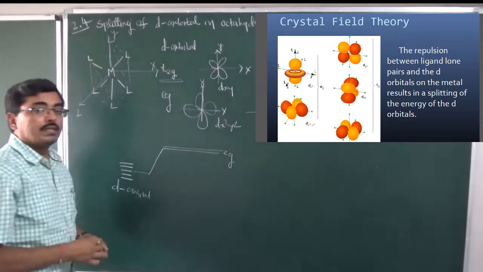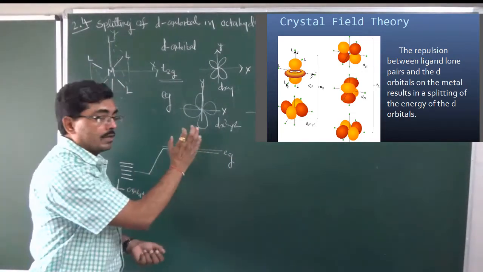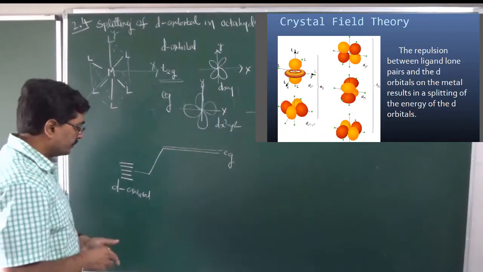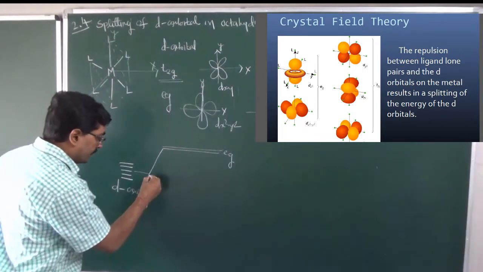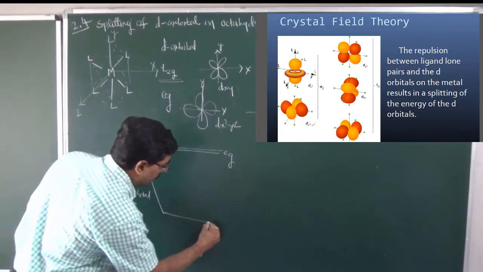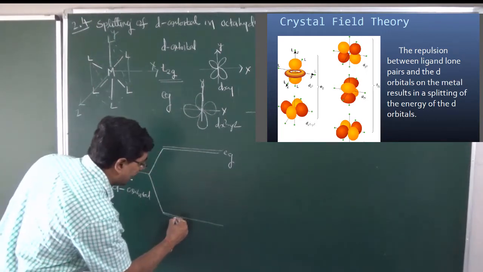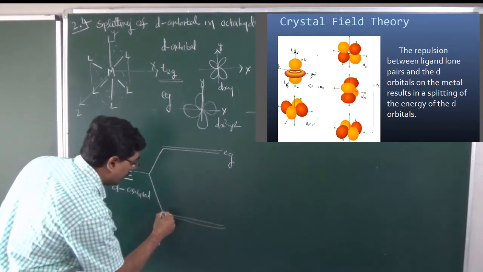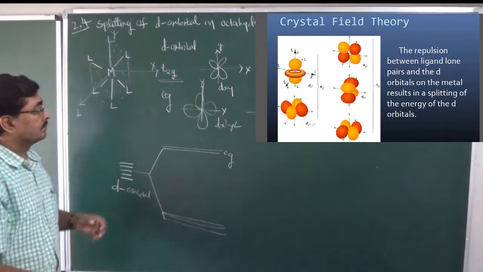As a result, the energy of these two orbitals will increase. Similarly, these three orbitals, dxy, dyz and dxz, have less interaction with the ligand.